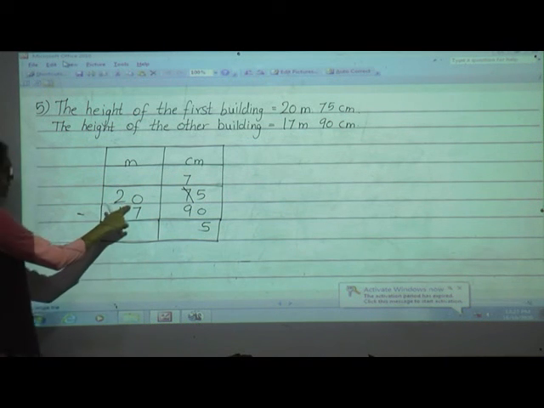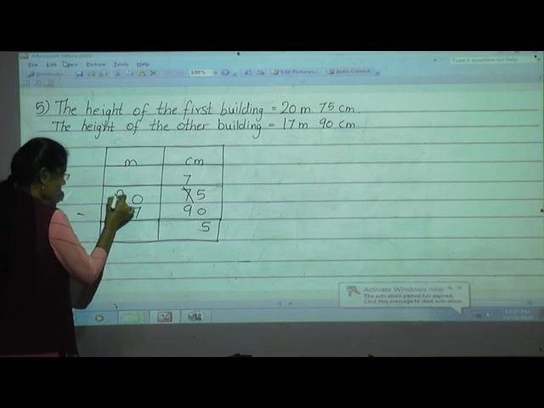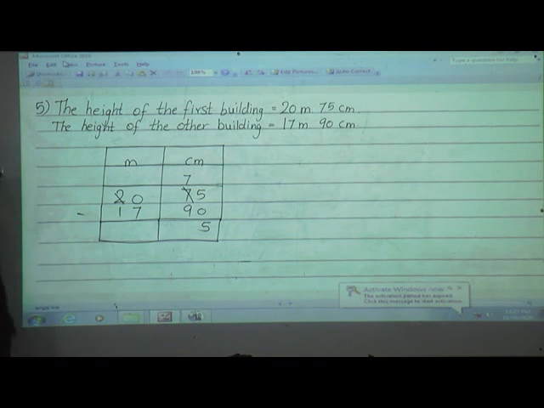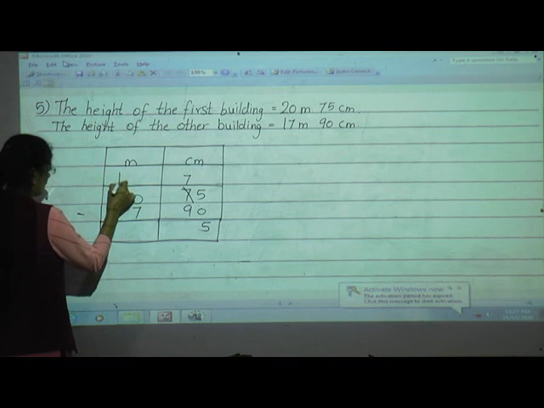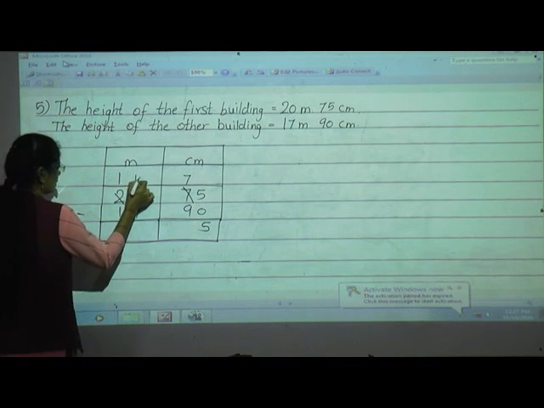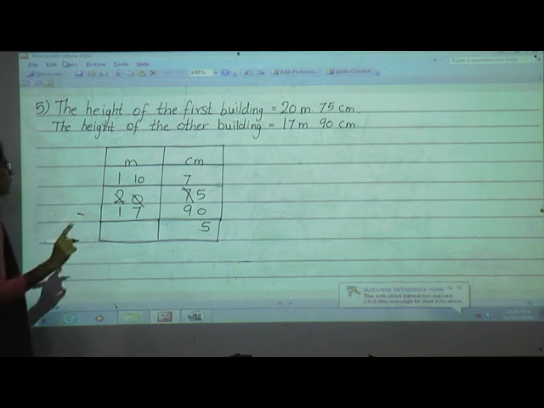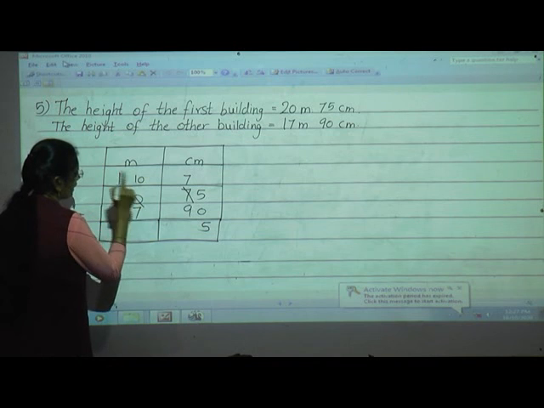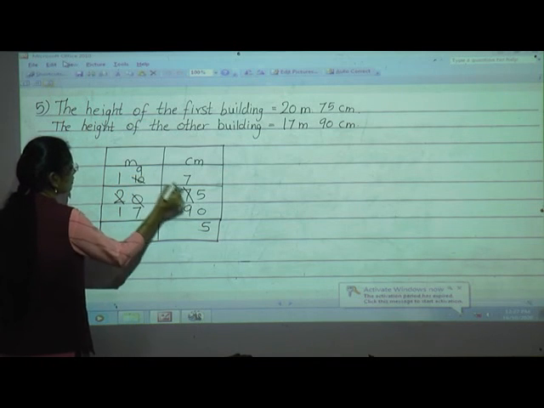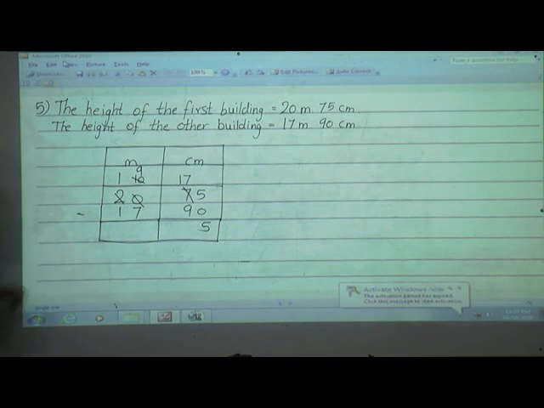Now here 0 is there, so again we will move to the next neighbor. Here 2 is there, so we will take one borrow from this 2. So 2 minus 1, here 1 will remain and this 0 will become 10. Now from this 10 we will take one borrow, so here 9 will remain and this 7 will become 17.